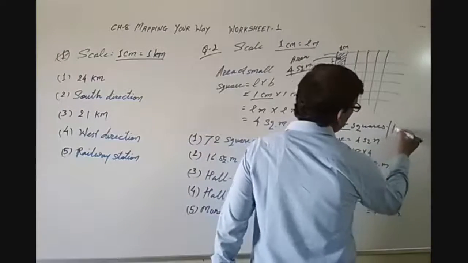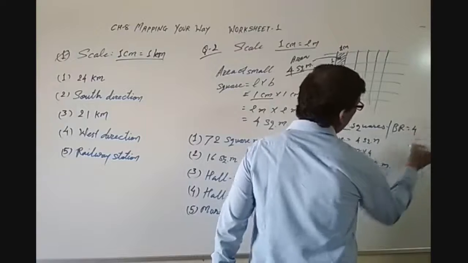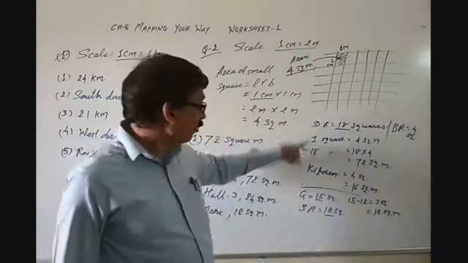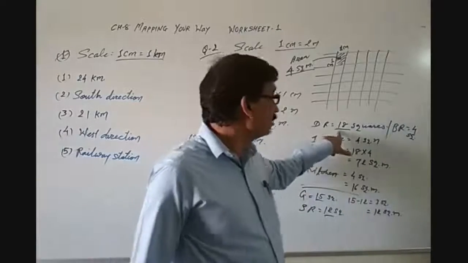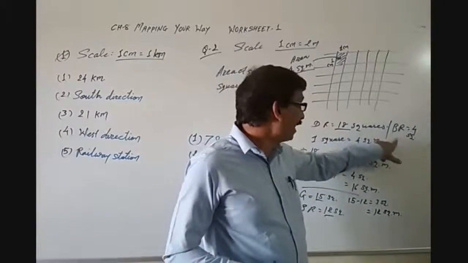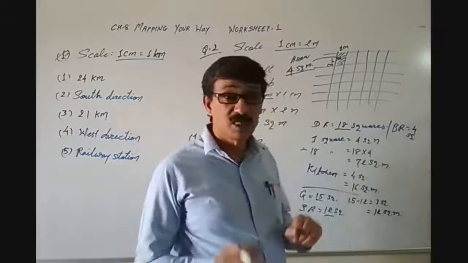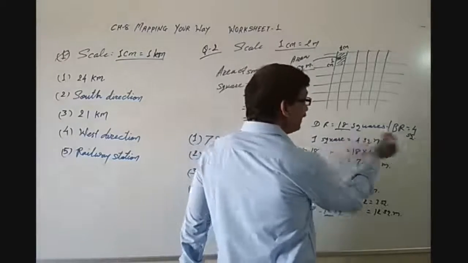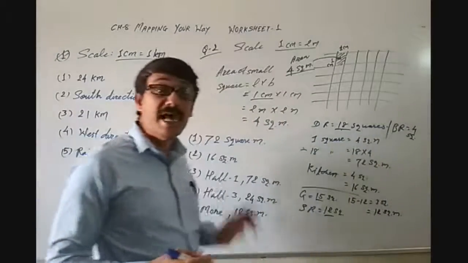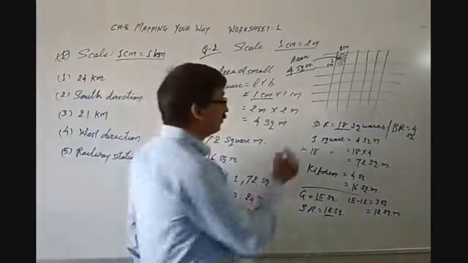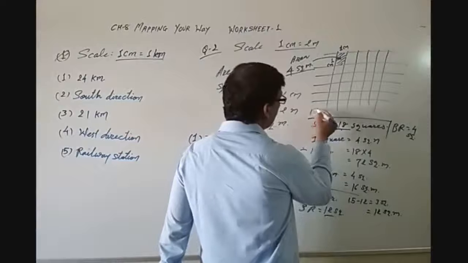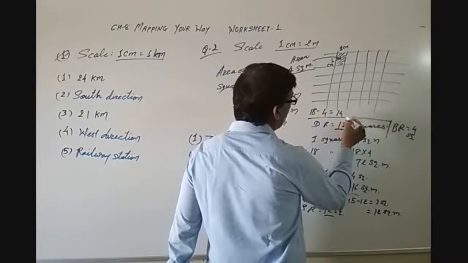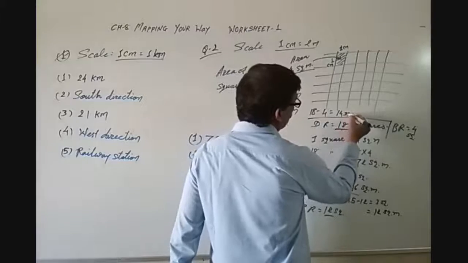The difference is 18 minus 4, which is 14 squares.